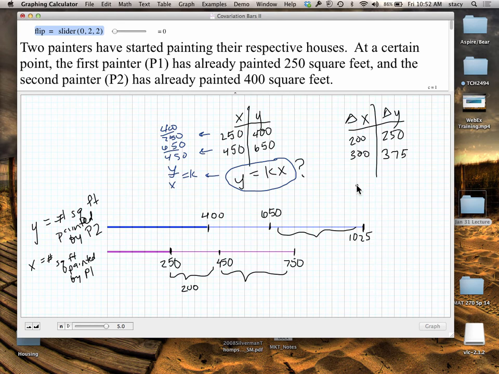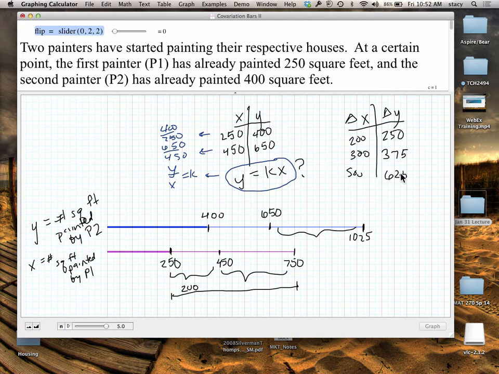Okay. Are those the only change relationships we have represented? Yeah, you could talk about the entire afternoon, right? How much of a change for painter 1 in the afternoon? 500. And for painter 2?